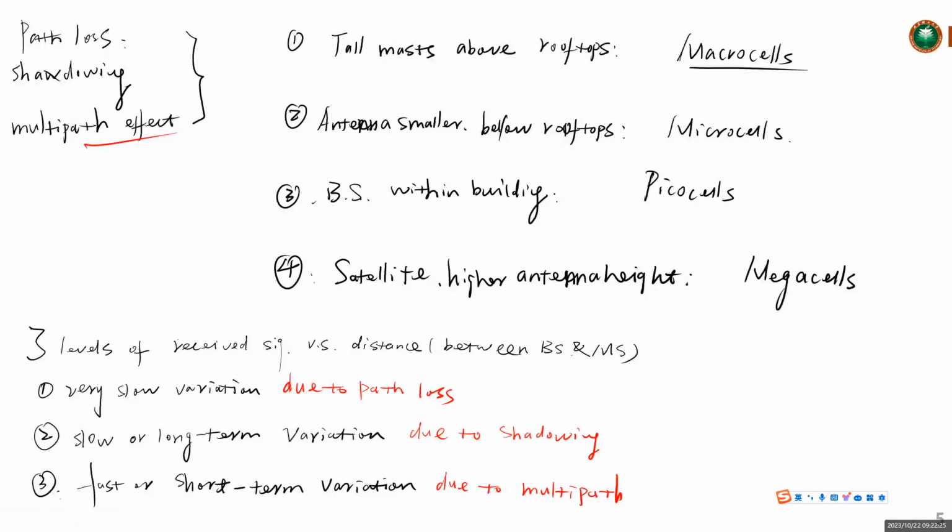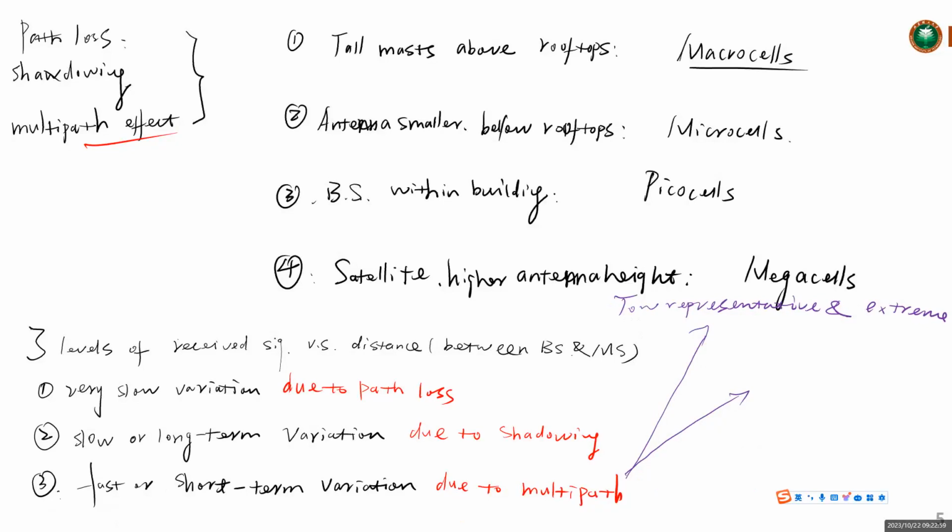According to the multipath components, there are two representative and extreme scenarios.